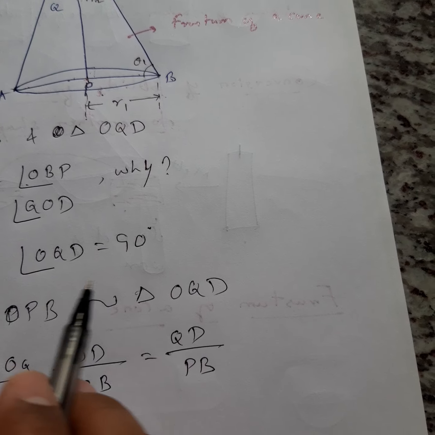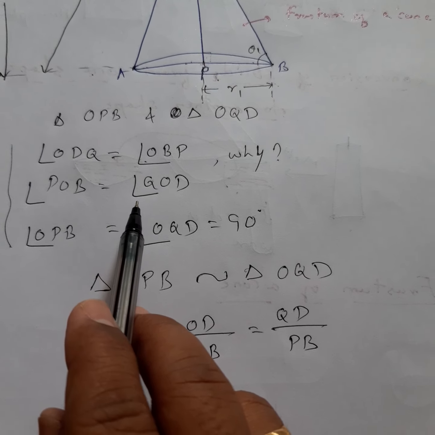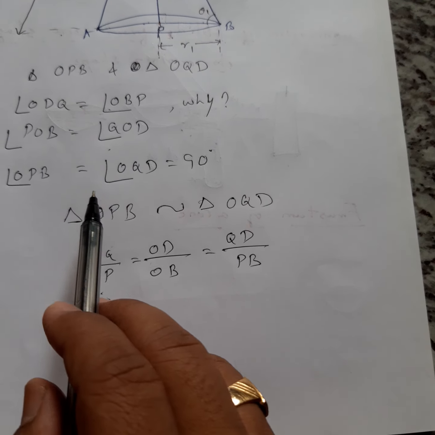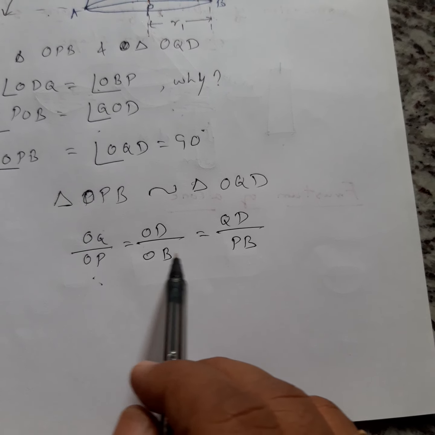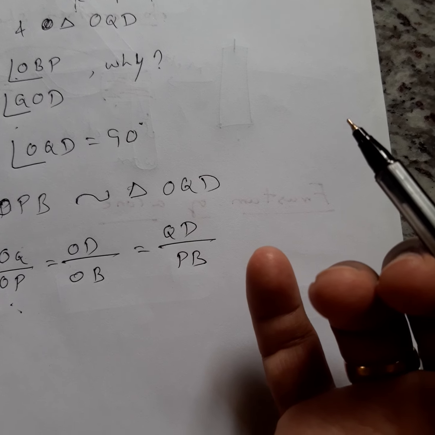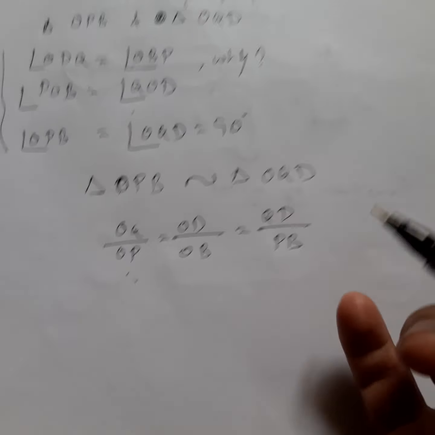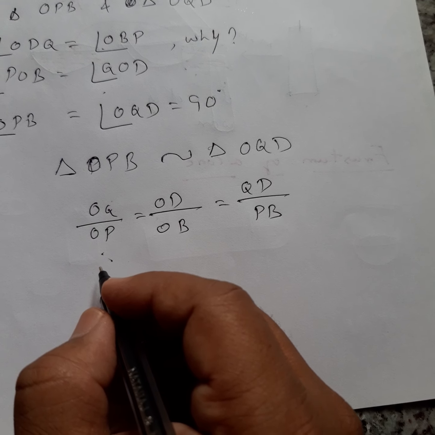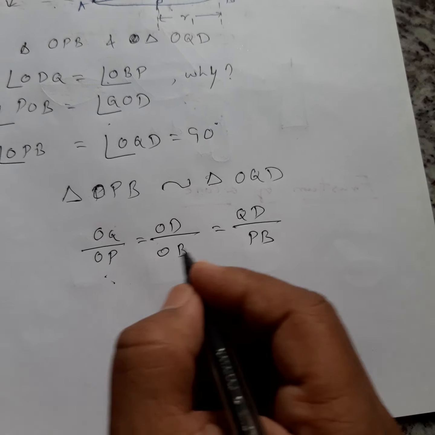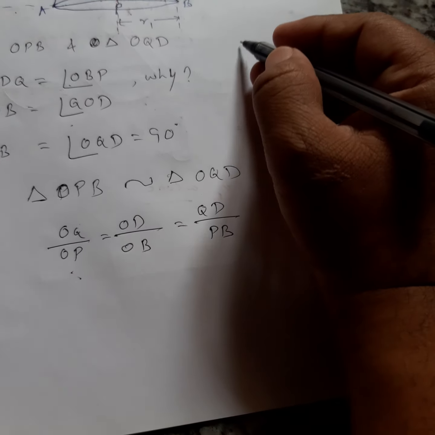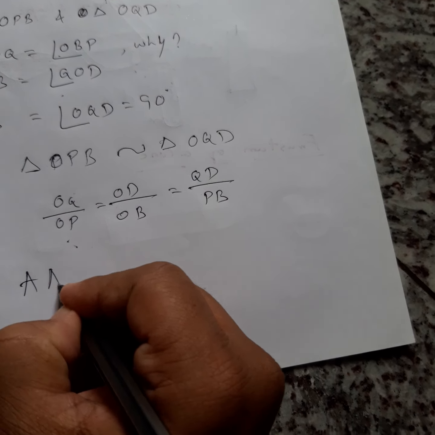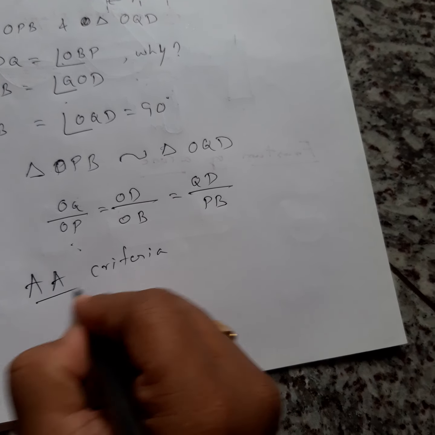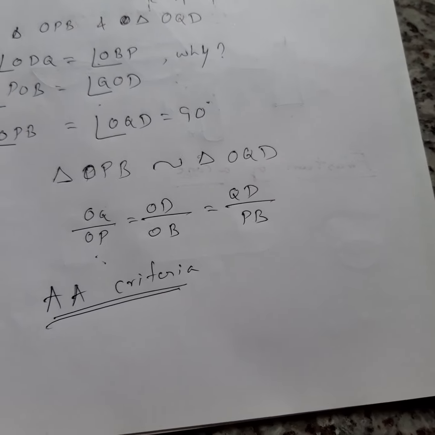Since the angles of both triangles are equal, the sides of these triangles are proportionally the same. What I just told you is called the AA criteria.